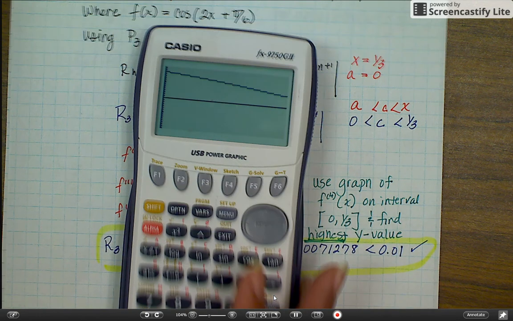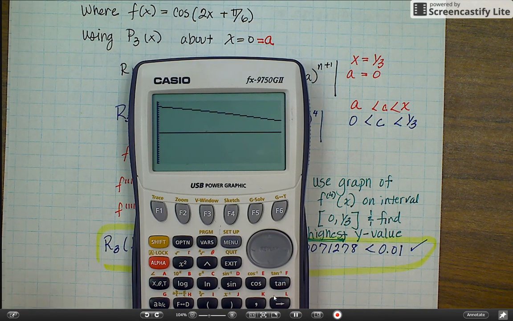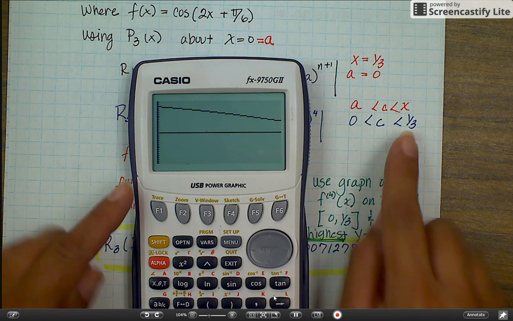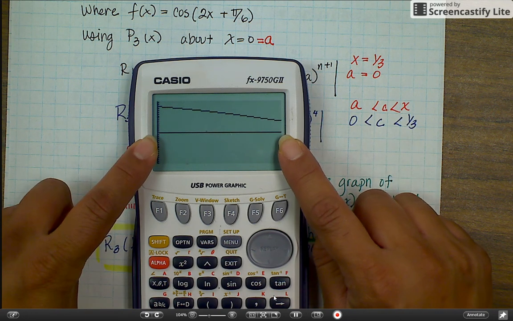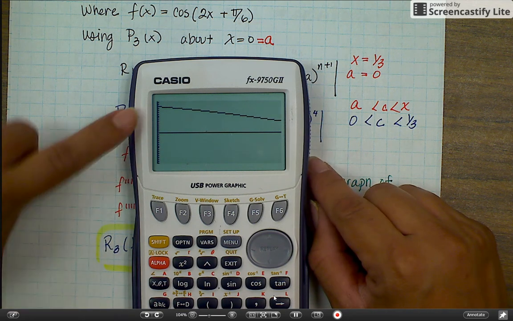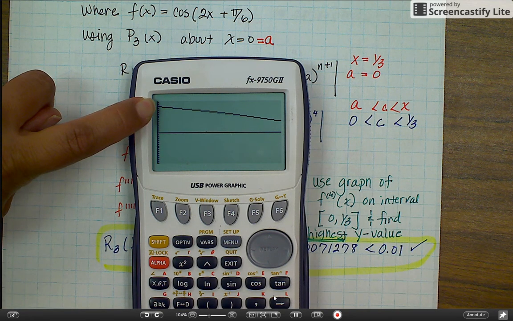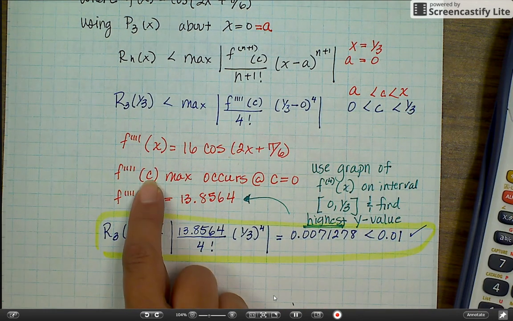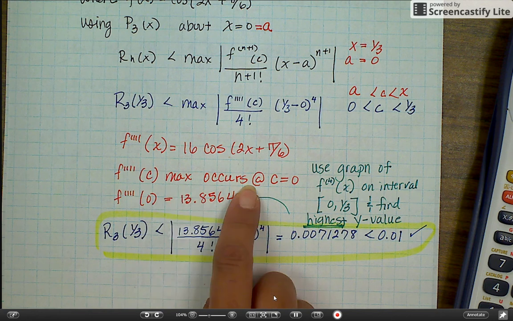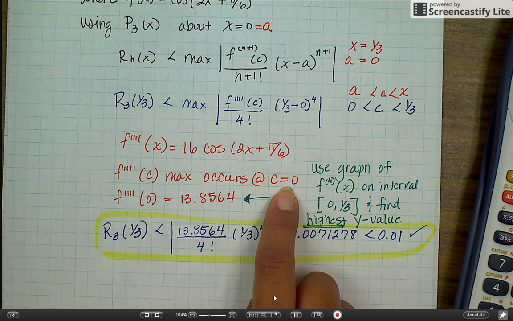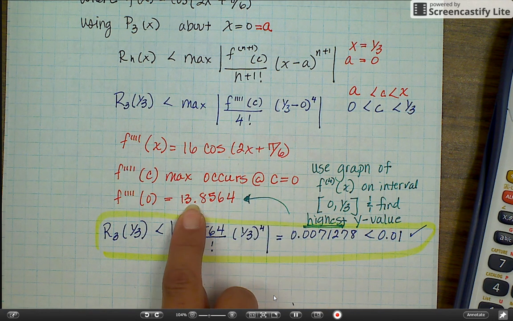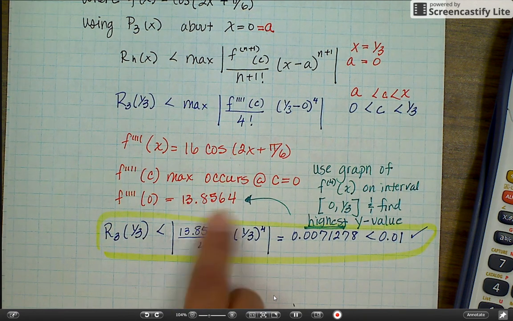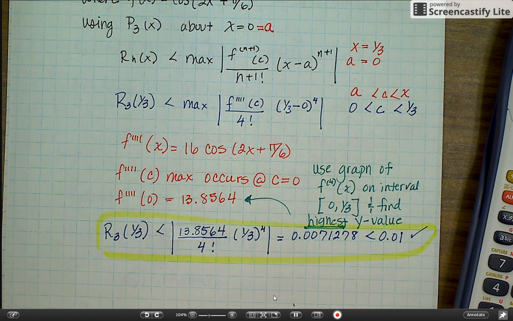And so now I look at this graph and I go, okay, on this interval of 0 to 1/3, what is the highest y value? I look at this, and the highest y value is that y-intercept right there. So this maximum occurs when c is 0. And I want to find out what that is, so you use your calculator skills and find out what that y-intercept is. Sometimes it's a y-intercept, sometimes it's something else.